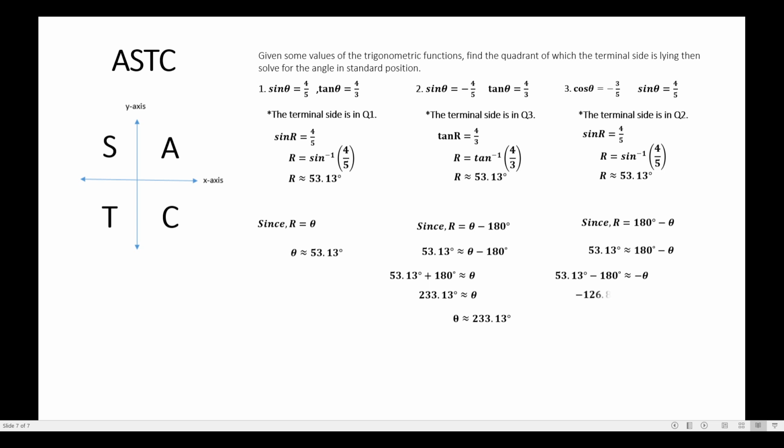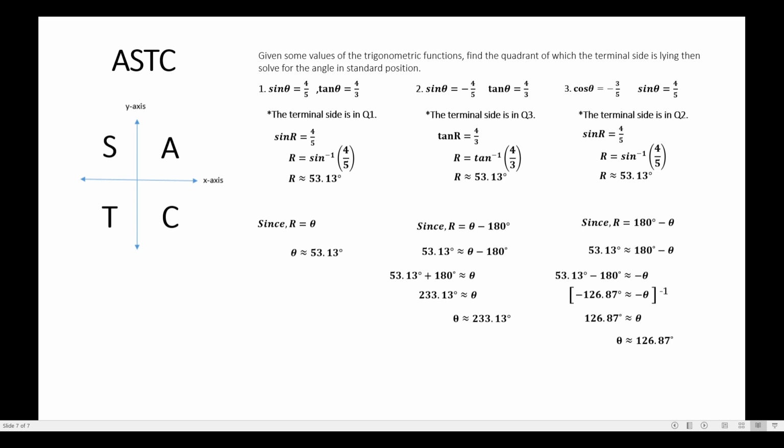And so you have negative 126.87 degrees equals negative theta, multiplying the whole equation by negative 1 to make theta positive. So you have angle theta is approximately 126.87 degrees. So again, it's important for you to know the position of the terminal side if you are to find the angle in standard position.